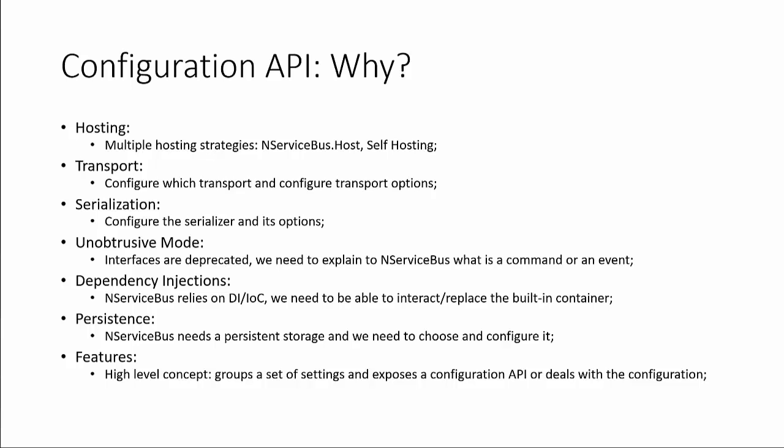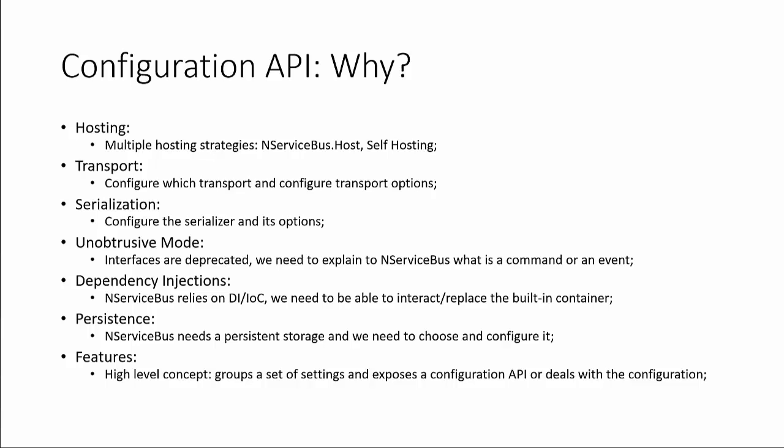The other thing that NServiceBus needs is a persistent storage in order, for example, to persist subscriptions or timeouts, stuff like that. And we need to be able to configure which persistent storage should be used, and the specific configuration needs of the chosen persistent storage.